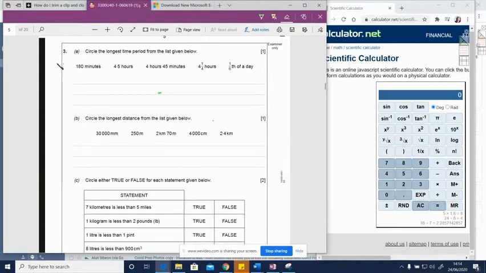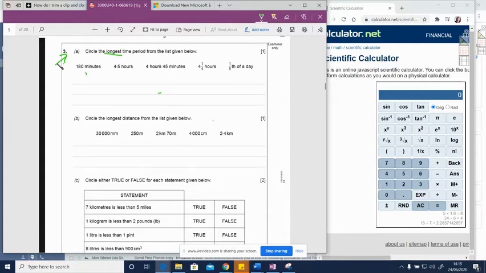Question 3. A. Circle the longest time period from the list given below. Well, the list tells us a series of minutes and a series of hours. In order to compare these and find the longest time period, we have to change them all to either minutes or hours. I'm actually going to change them all to minutes.